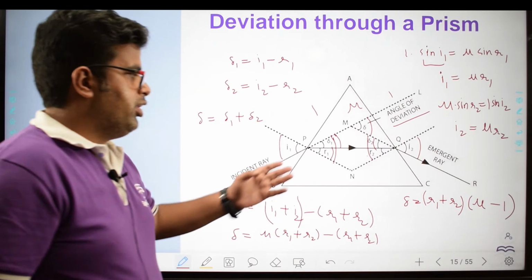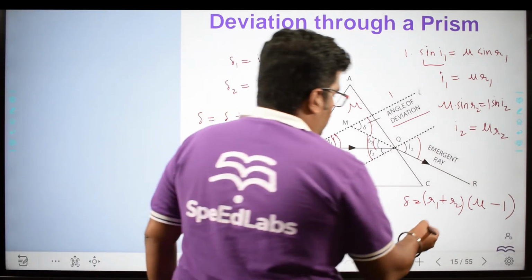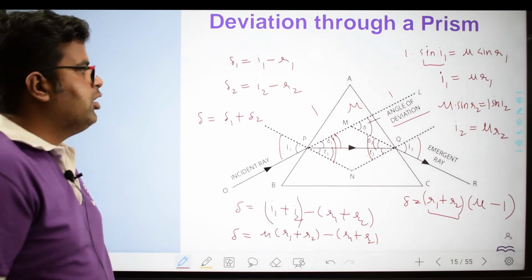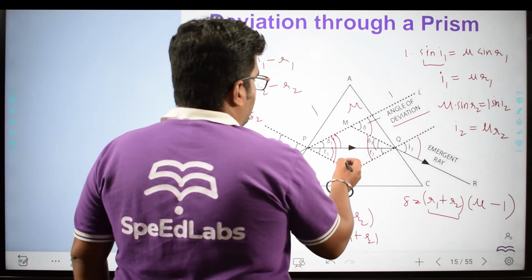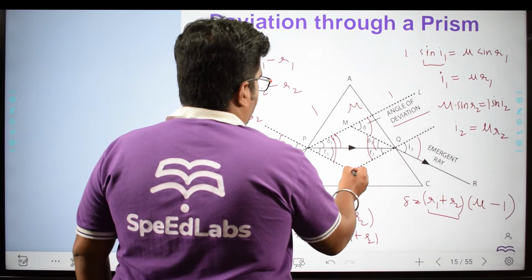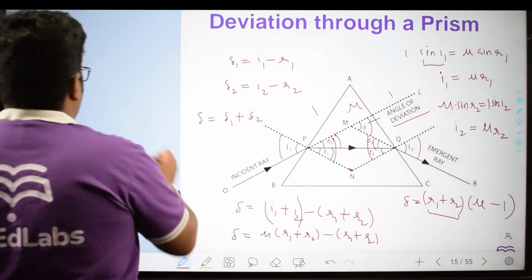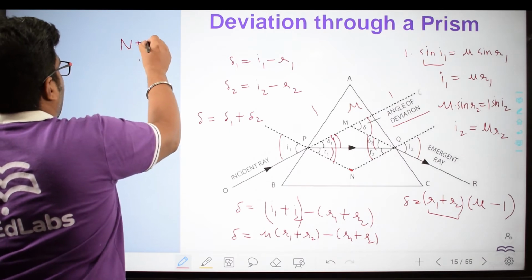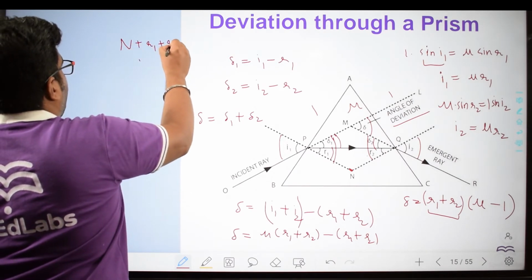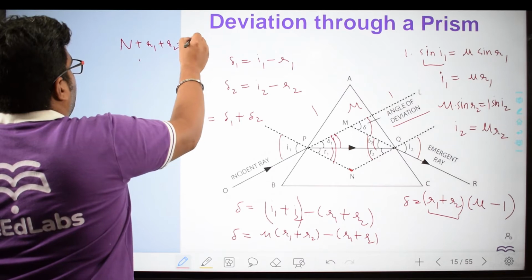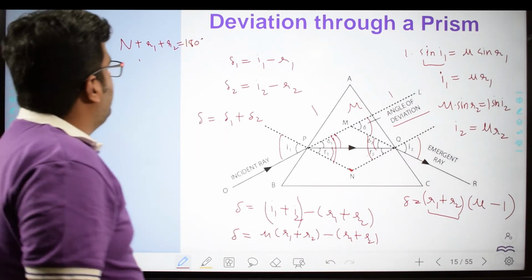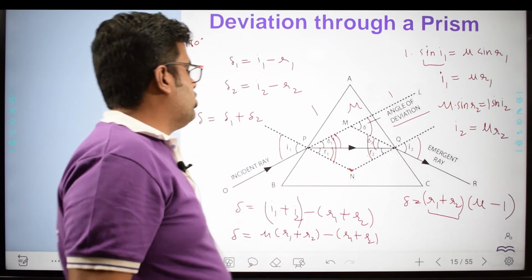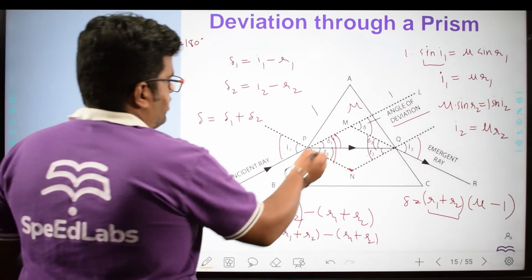Now we got the relation for the deviation, but now what can R1 plus R2 be written as? We'll see it further. You can see that angle N plus R1 plus R2 is going to be 180 degrees, right? And angle A plus angle N is also going to be 180 degrees, because these are the two normals.